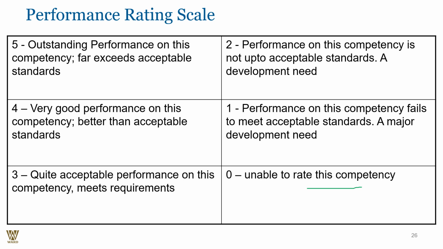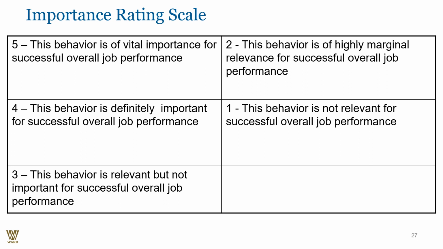Acceptable performance is just an okay standard; it meets the standards altogether. Very good performance is rated as 4, better than the acceptable standard. And outstanding performance rated as 5 is far exceeding the acceptable standard, on a regular basis. That is what we are looking for.